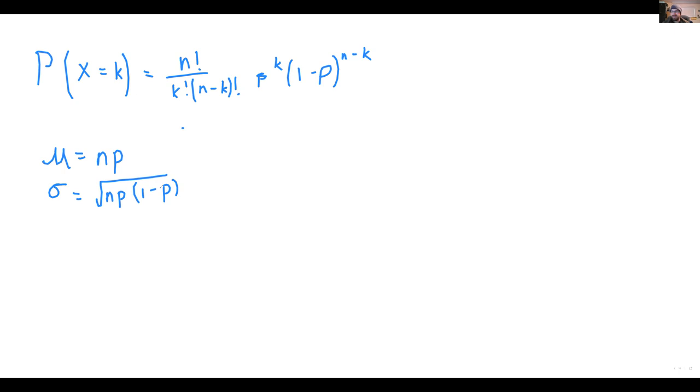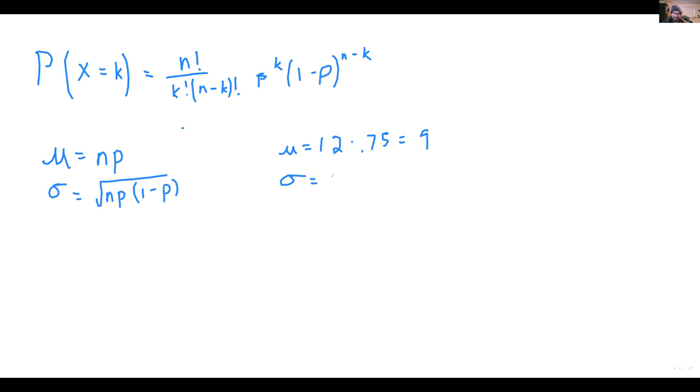Okay, so with Corinne's free throws, mu was 12 times 0.75, or 9.